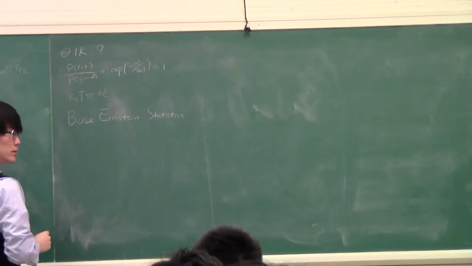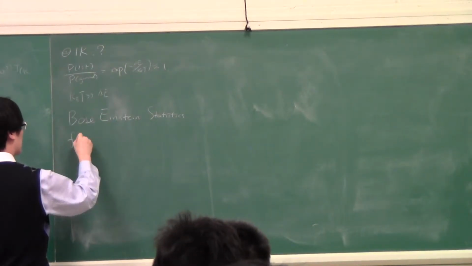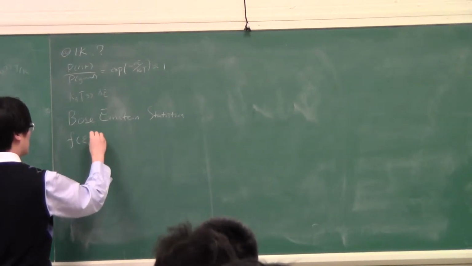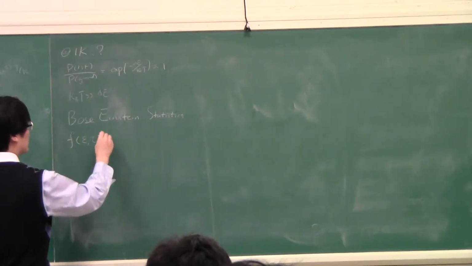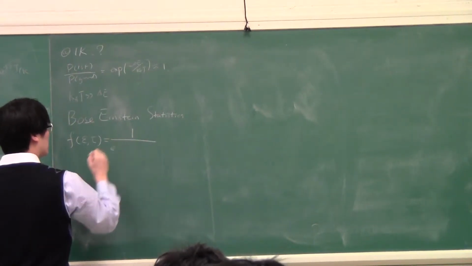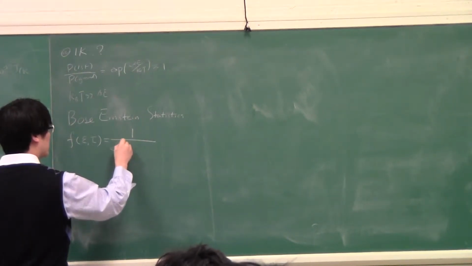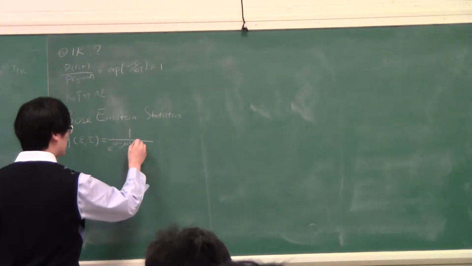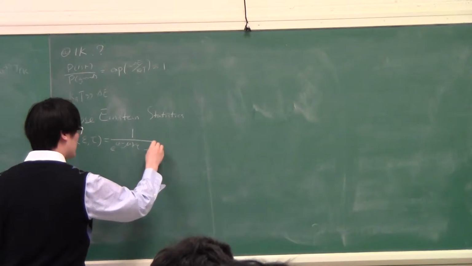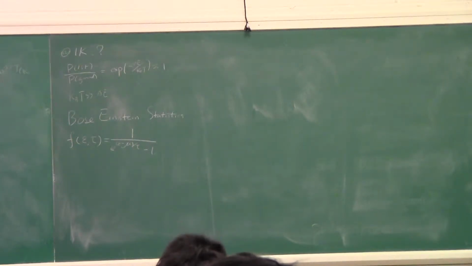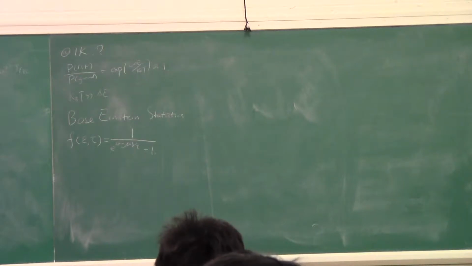Okay, so the Bose-Einstein distribution function for the energy epsilon at temperature tau is given by 1 over the exponential of (epsilon minus mu) over tau, minus 1, where mu is called the chemical potential, and I'll explain that later. If you recall, in the previous lecture we talked about the Planck distribution.